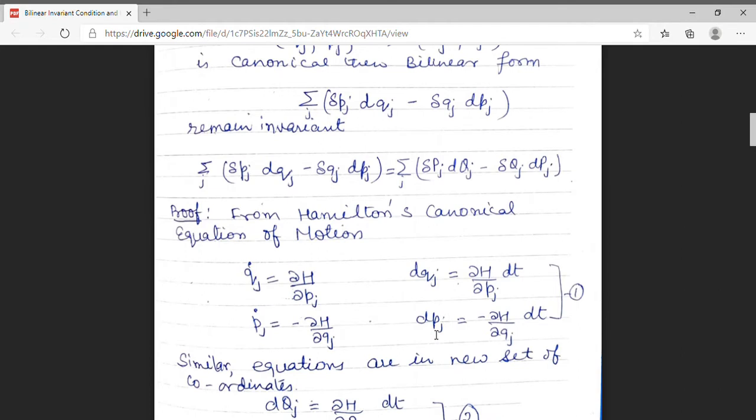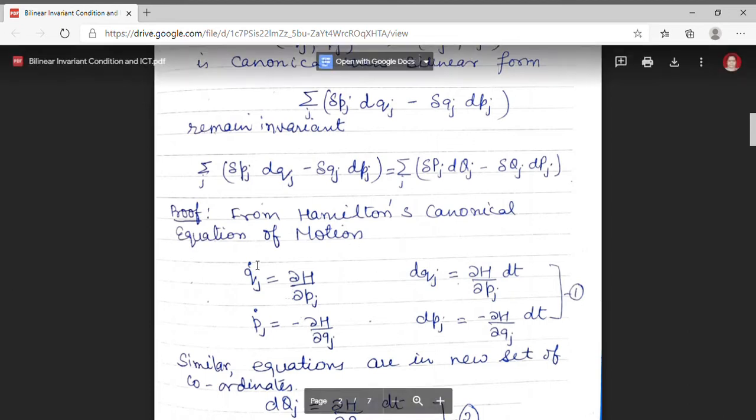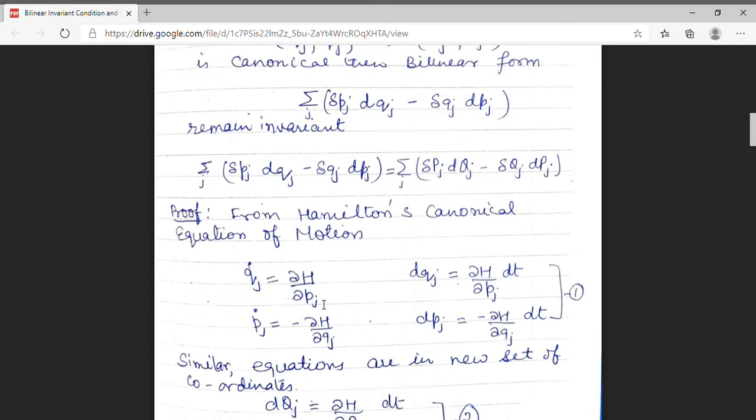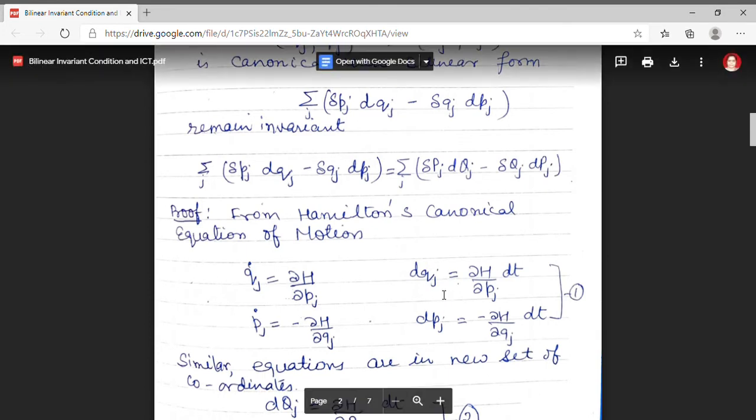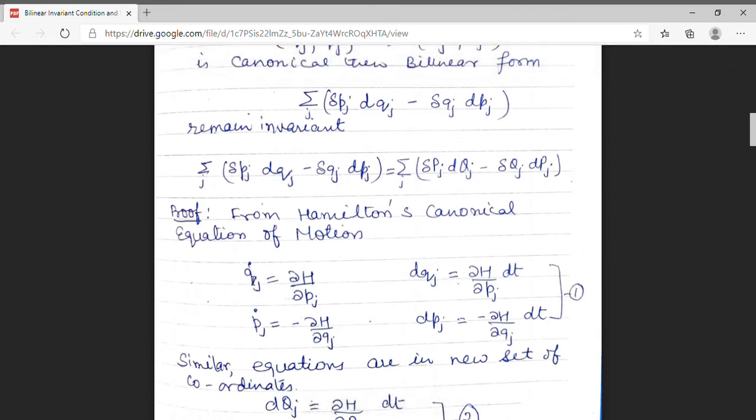We have already discussed Hamilton's canonical equations of motion. There are 2n canonical equations of motion. They are of first order and these equations state that Qj dot equals dH upon del Pj. What does Qj dot mean? It means dQj upon dt.